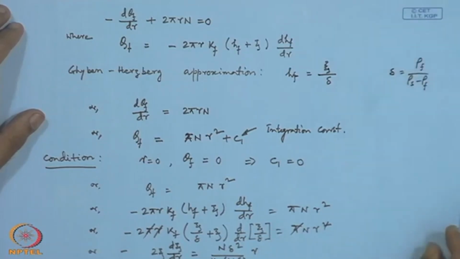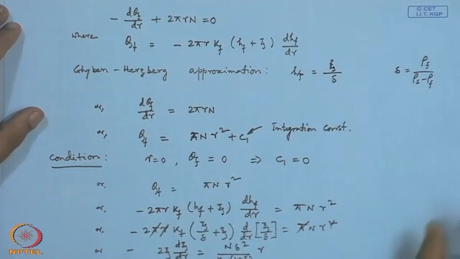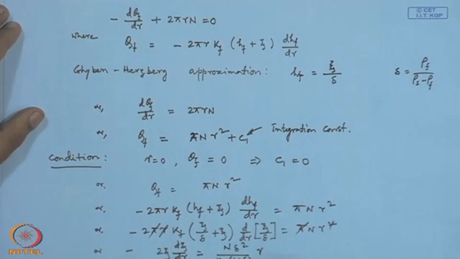So, with this thing we have delta square and n r.